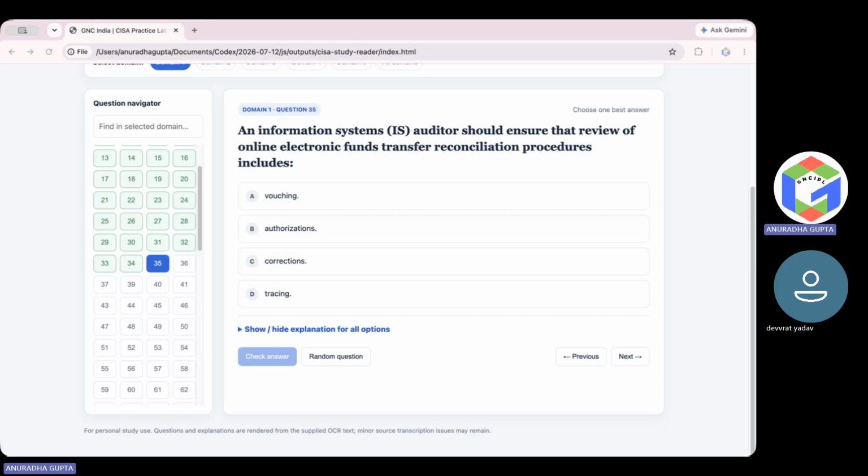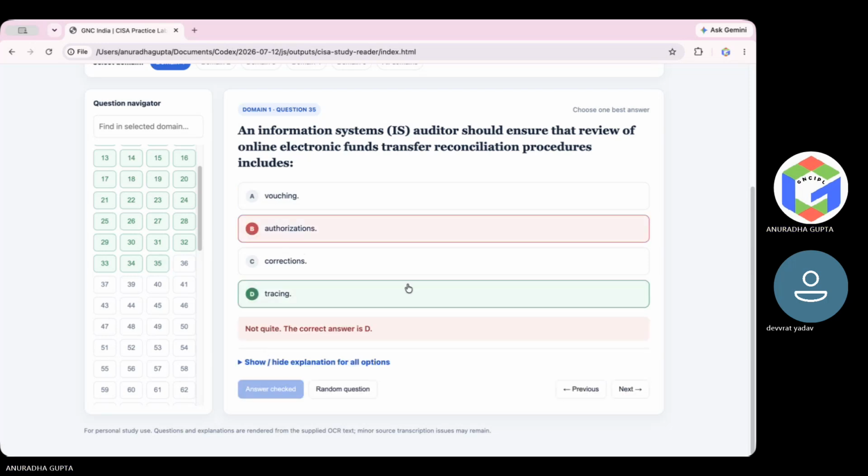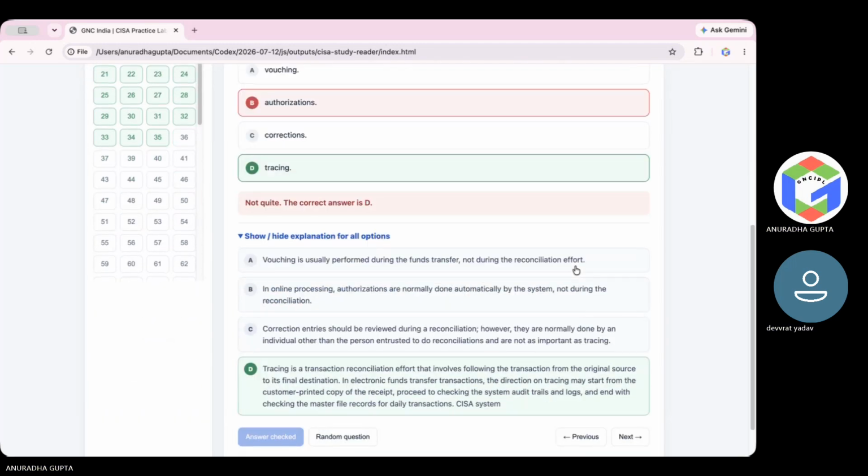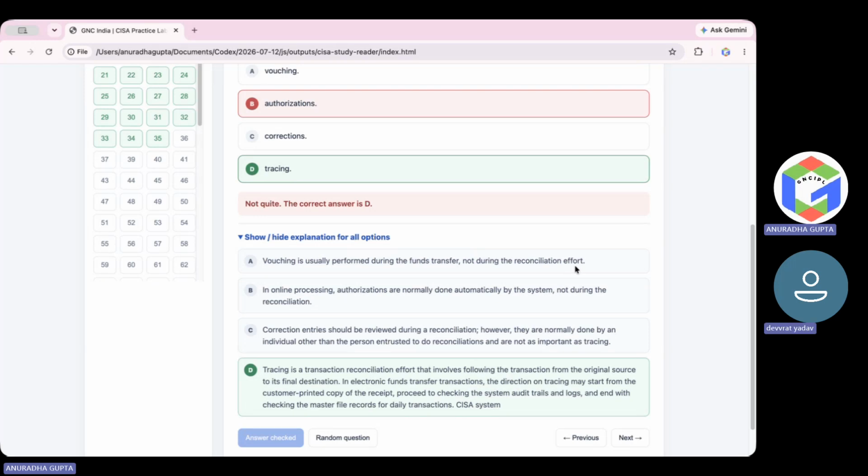Okay, so as per you, it should be B. Let's check. No, it is not. Tracing is the correct one. Let's see what it means. Tracing is a transaction reconciliation effort that involves following the transactions from the original source to its final destination.